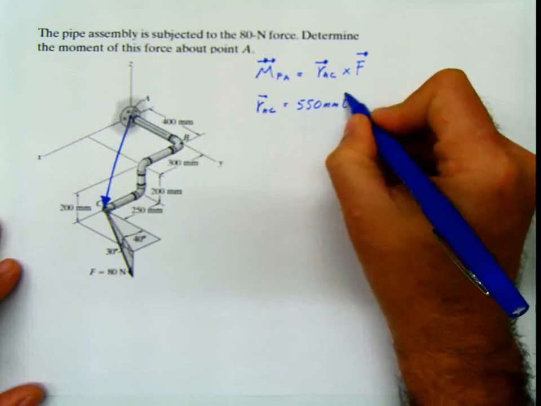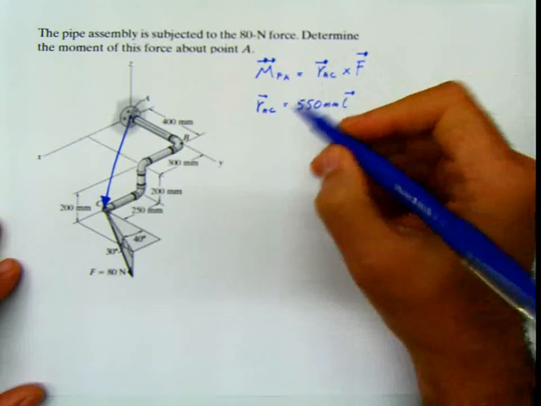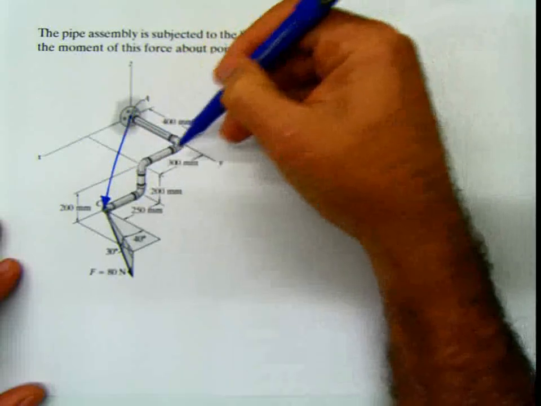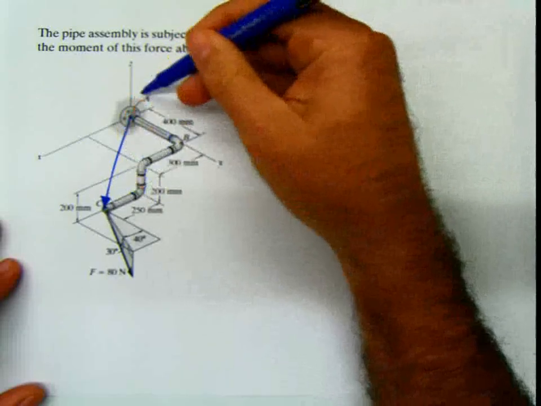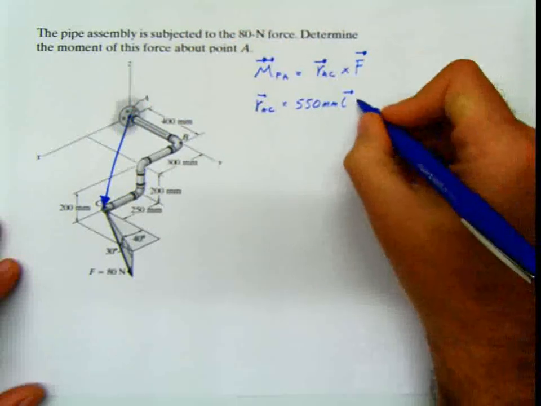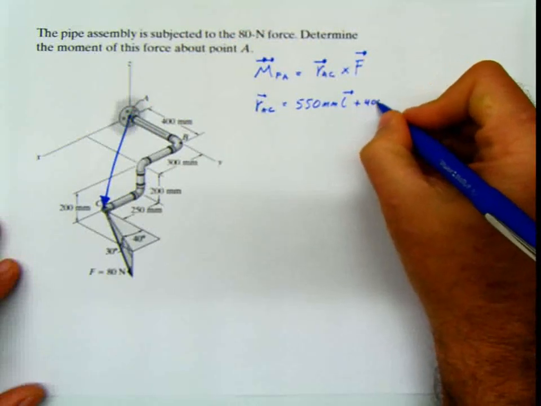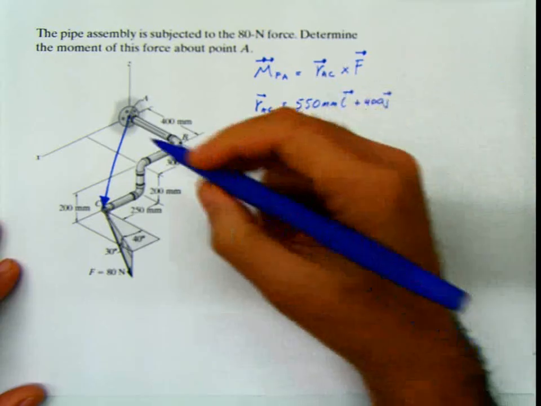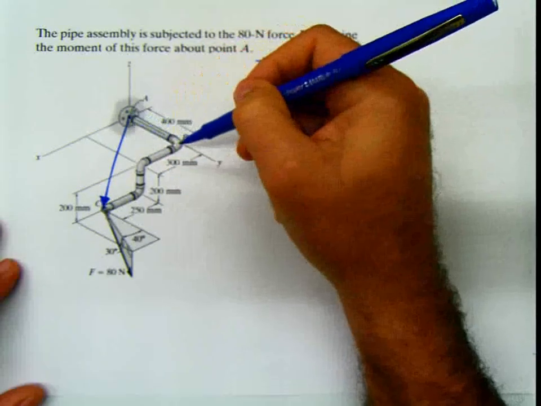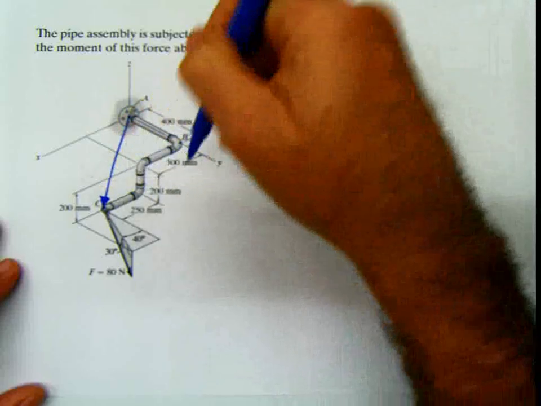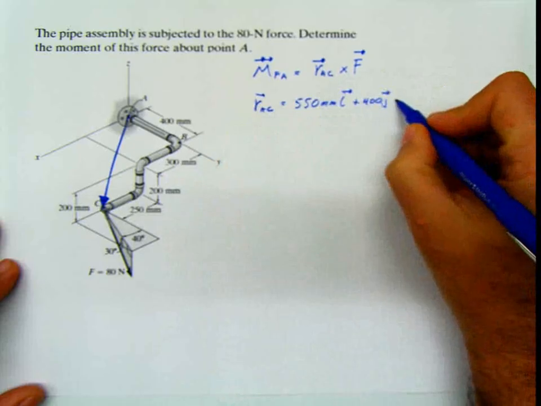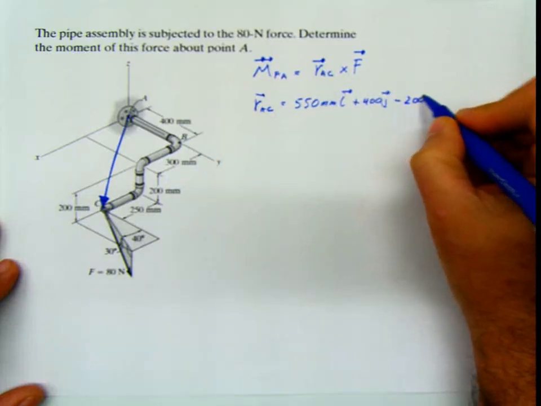In Y, this distance, this part is parallel to this 400, so that distance is going to be 400 J. And in K is the distance from this plane downwards, 200. If it's downward, it's going to be negative 200.